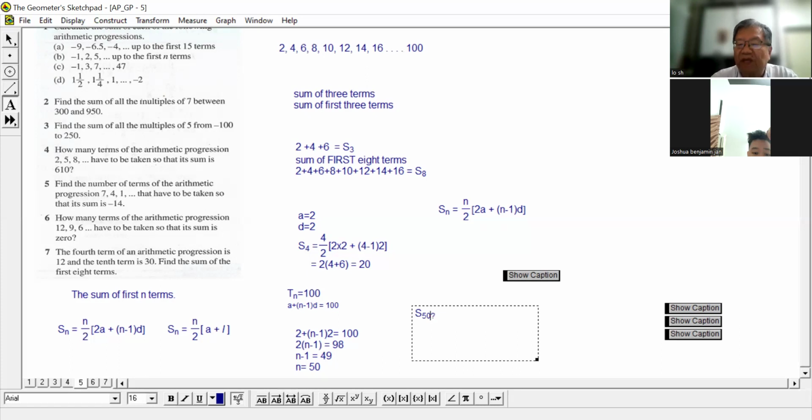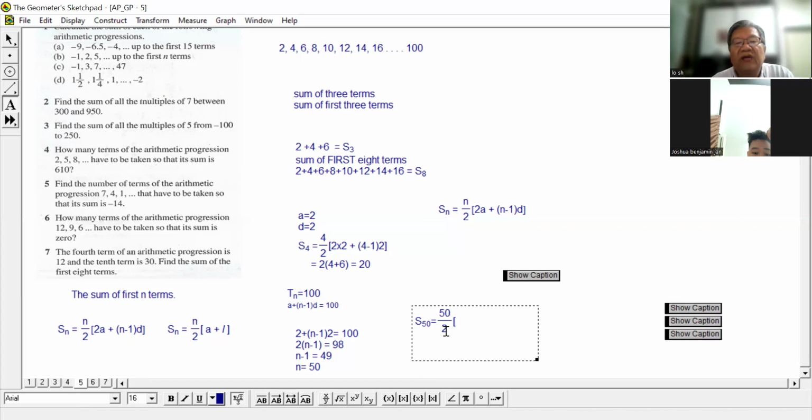According to this formula, it says n over 2. What should I put at the top? 50. What should I put at the bottom? 2. Correct.